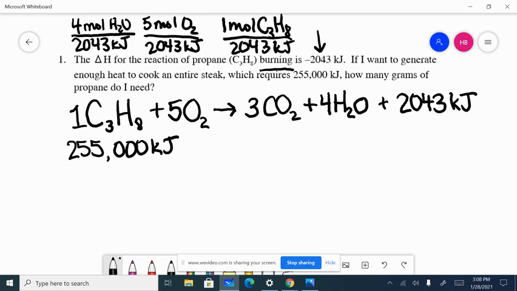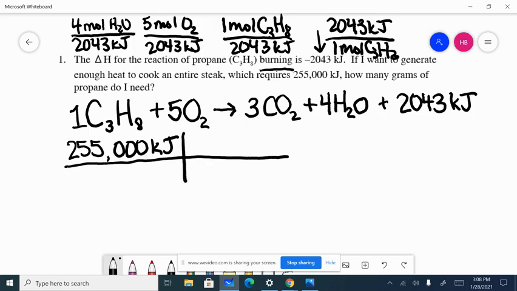For example, if 1 mole of propane gives off 2043 kilojoules, I can make 2 different conversion factors from that equivalency statement. And which one I will use depends on the problem.